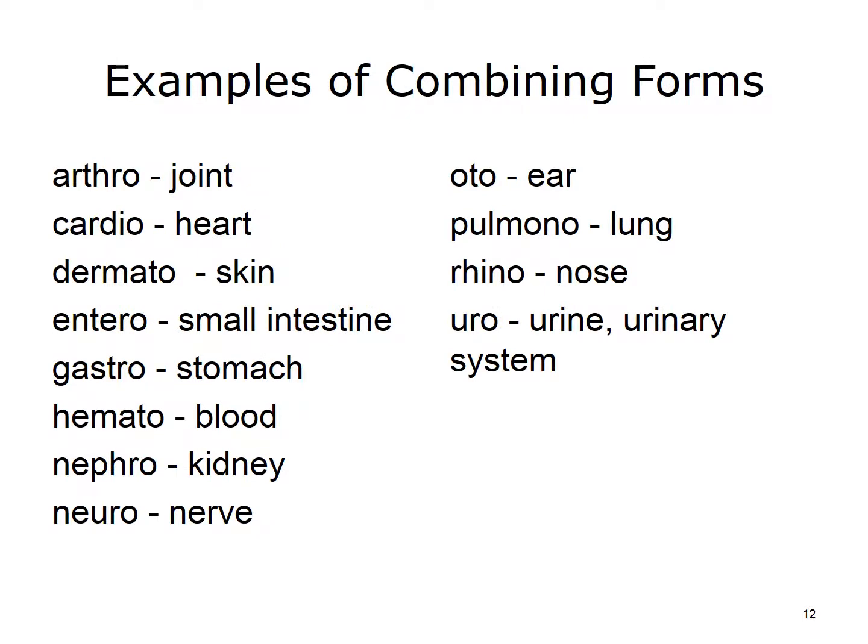Examples of word roots and their combining vowel are illustrated here. Arthr/o, joint. Cardi/o, heart. Dermat/o, skin. Enter/o, small intestine. Gastr/o, stomach.